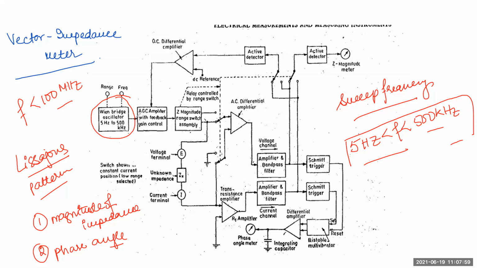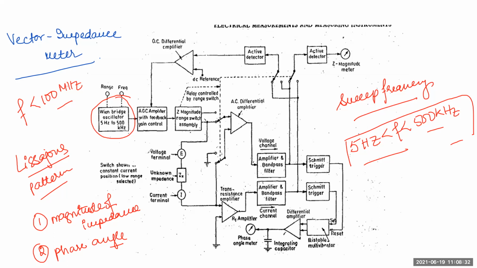You can see in this picture, it is fed to the AGC amplifier. AGC is a special kind of amplifier with feedback, which helps to permit accurate gain of the oscillator with the help of a feedback voltage. Whatever gain is adjusted by the internal control, that setting is mainly done by this AGC amplifier.